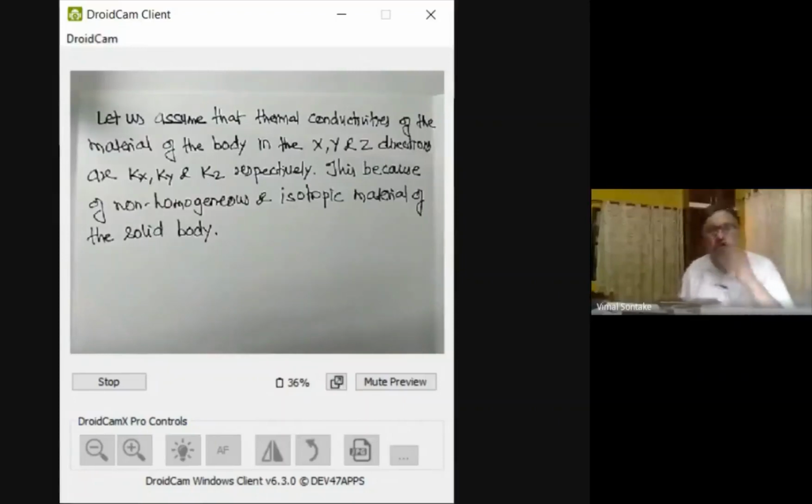Now, in order to find out the generalized heat conduction equation, we will take into account the effect of unsteady state heat transfer, then three-dimensional heat transfer, then non-homogeneous and anisotropic material, and heat generated within the body.